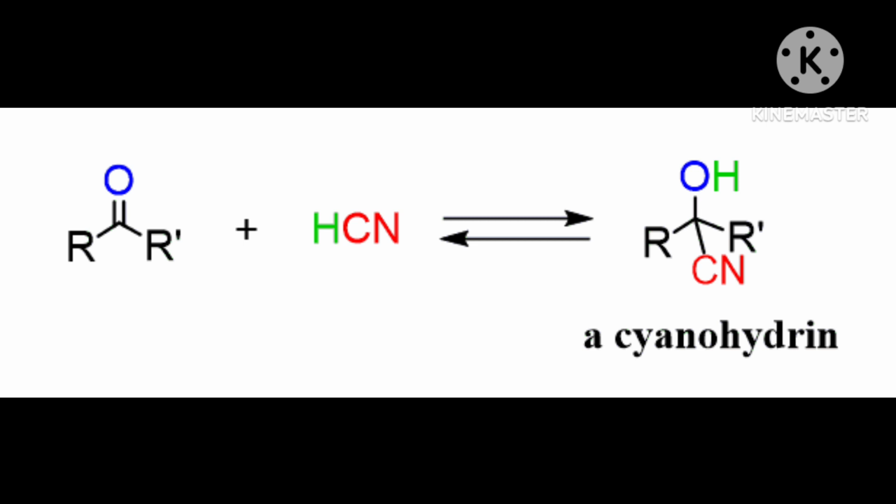If it is an aldehyde, then one H will be there and one substituted alkyl group, R, will be there. One R and one H. Then the reaction will be predominant, meaning this equilibrium lies largely to the right-hand side.